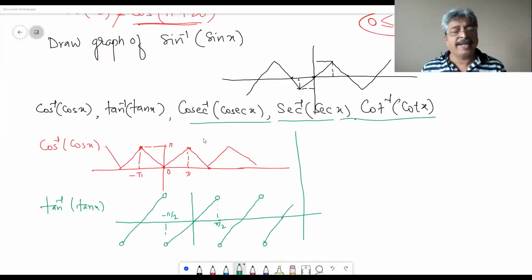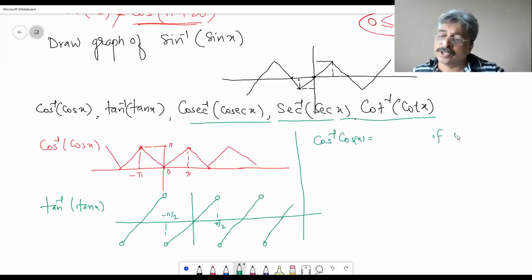If you take an x value between 0 to pi, then cos inverse is also safe. Therefore, it will give you the value x. Let me show you how to do it. Cos inverse of cos x is equal to x, if 0 is less than or equal to x is less than or equal to pi.